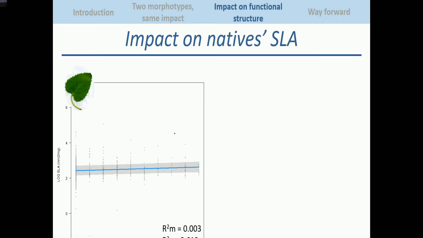So I did essentially the same for SLA, and strangely enough, this was significant. That's why we shouldn't trust p-values, especially on linear mixed models, but still, we saw how the SLA values of the native species were getting higher when the Carpobrotus invasion was stronger, let's say.